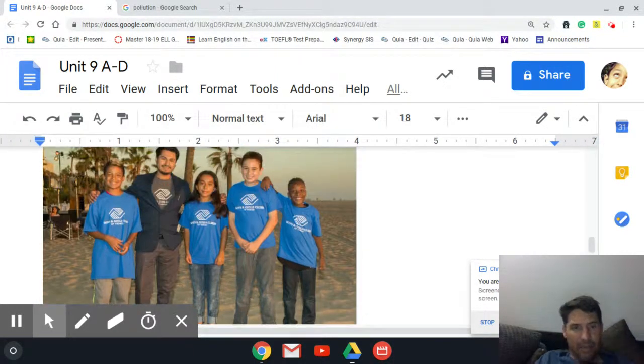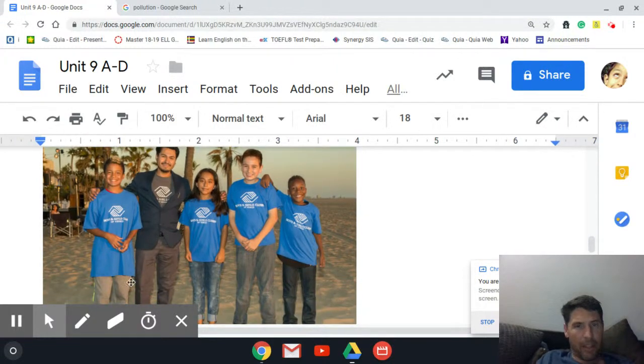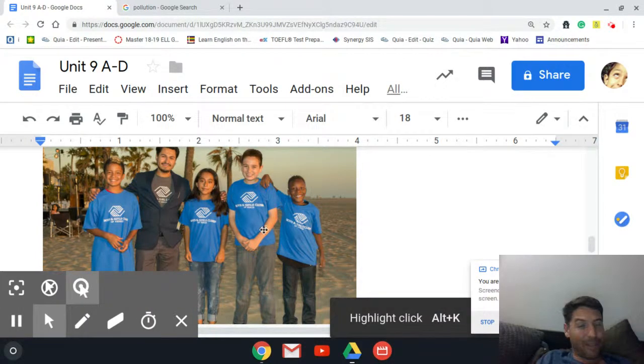Okay. Here's another similar example, right? You've got a child, a man, a child, a man, sorry, a child and another child. 3 out of 4 of the children are boys. You've got 1 girl. So you might say most of the children are boys, right?